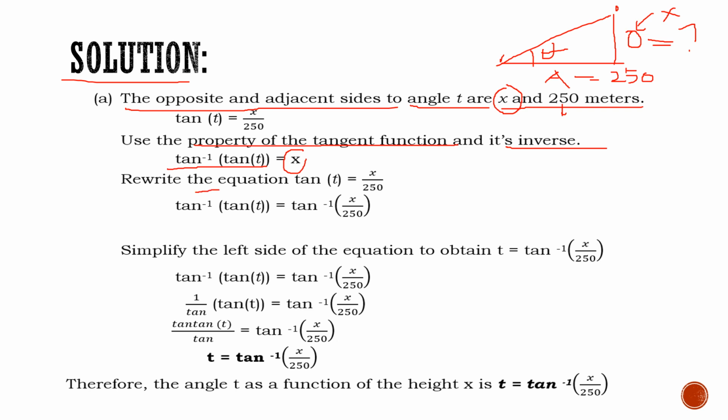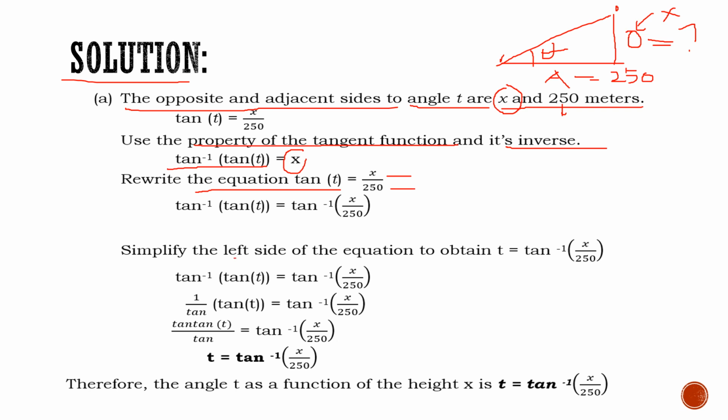So rewrite the equation: tangent t is equal to x, that will be your opposite, over 250, that will be your adjacent. Now the inverse tangent of tangent t is equal to the inverse tangent of x over 250.